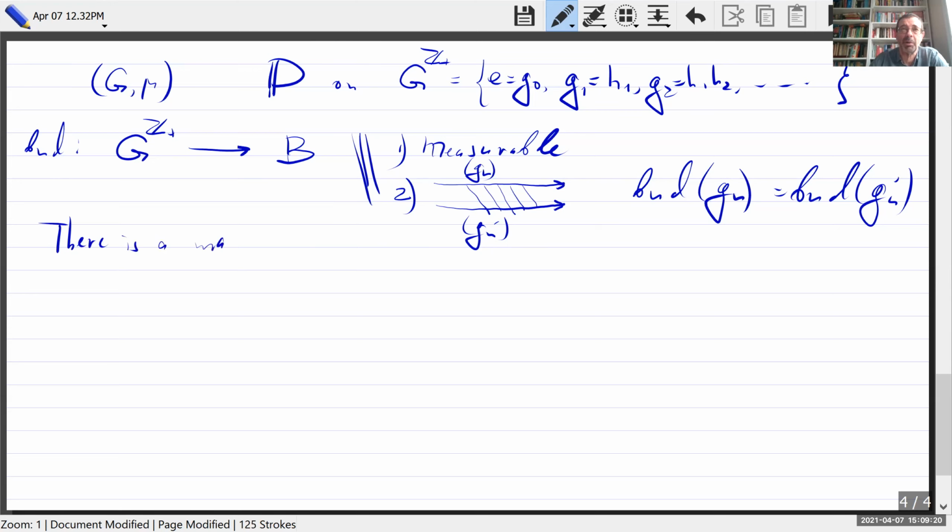So you don't impose any equivariance conditions. Equivariance, well, since we are talking about groups, it will be automatic in this case if I'm talking about the maximal one. There exists a maximal map with these properties.